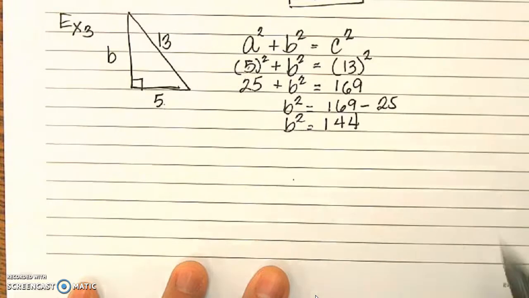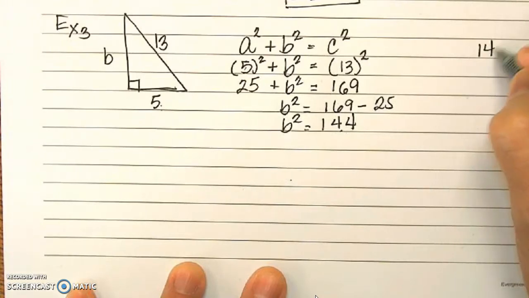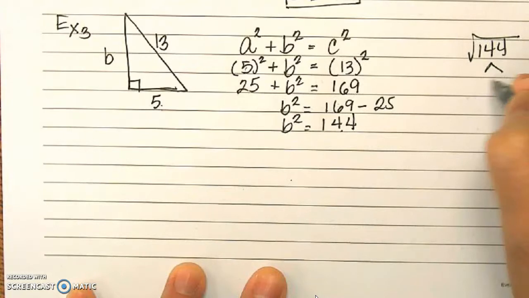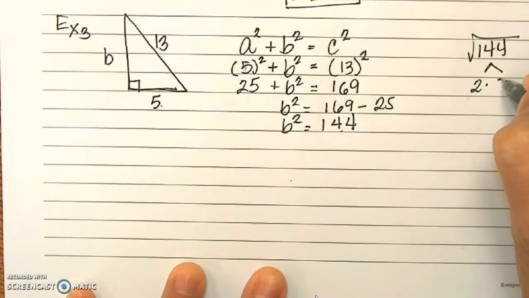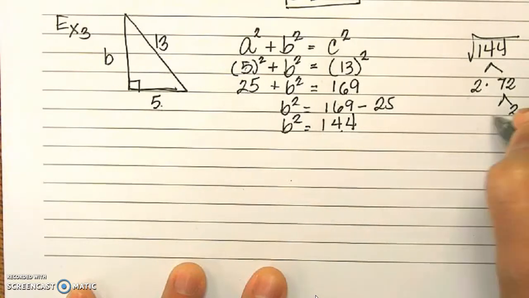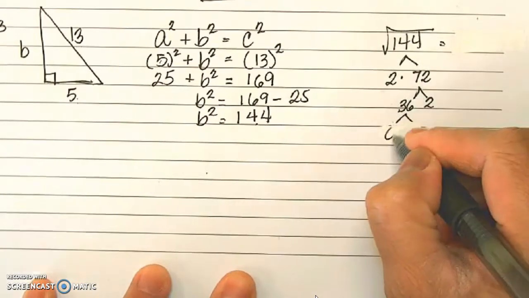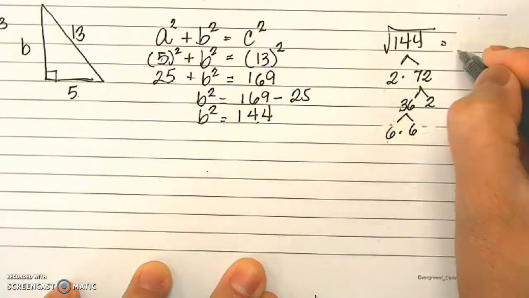And I believe 144 is a perfect square, but if you want to do the prime factorization on this side, you can go ahead and put 2 times 72, which is 2 times 36. And 36 is 6 times 6.